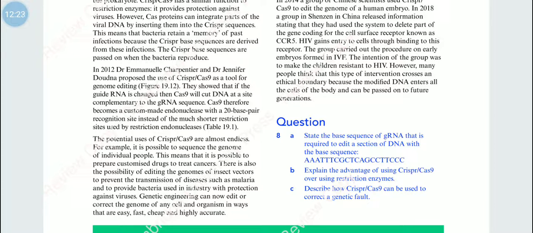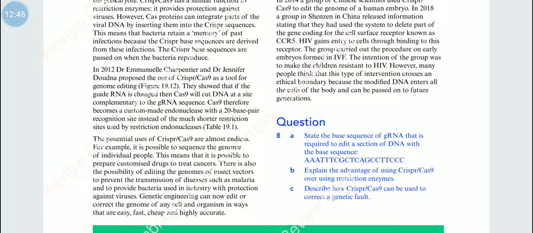That means before a disease comes, we can change the genome and entirely get rid of it. There is also a possibility of making customized drugs to treat cancers.